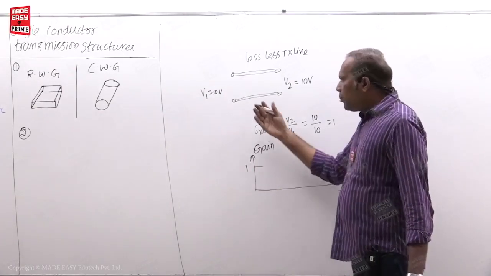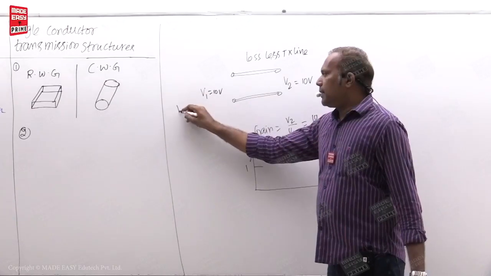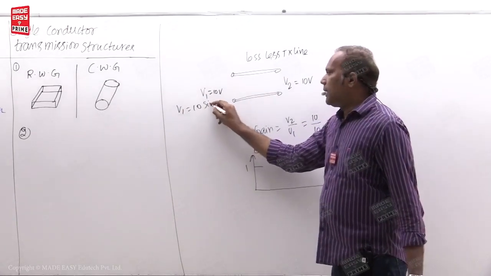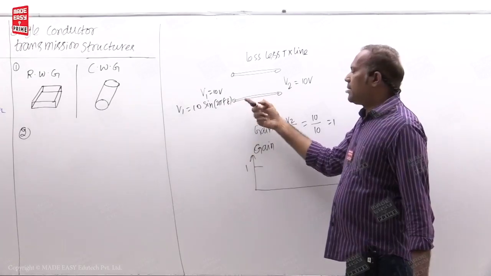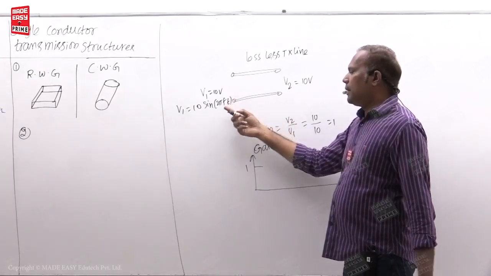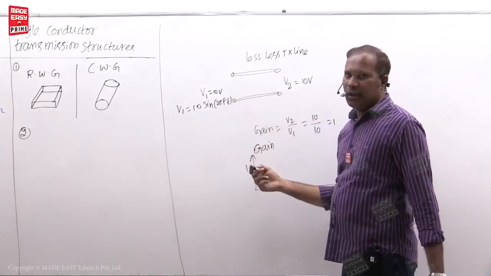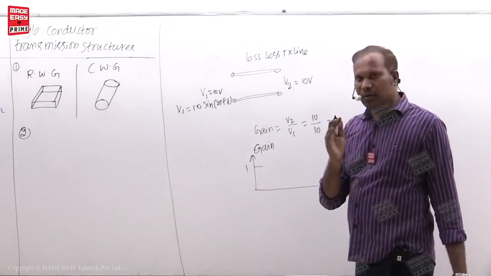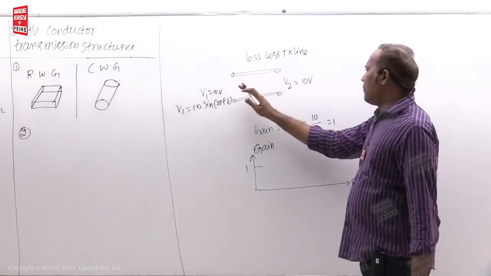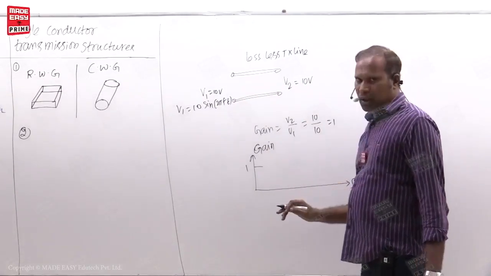Now I am doing testing. Now take a sinusoidal signal, V1 equal to 10 sin 2 pi ft. Keep increasing the frequency gradually. Up to some megahertz frequency, the same output is received, so gain is 1.